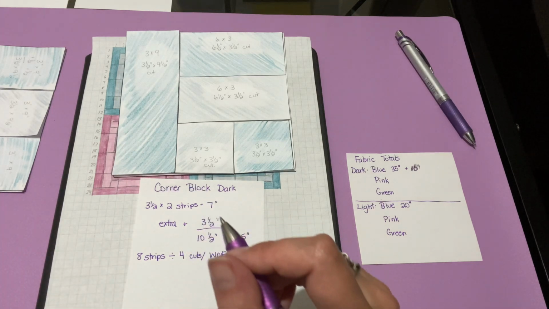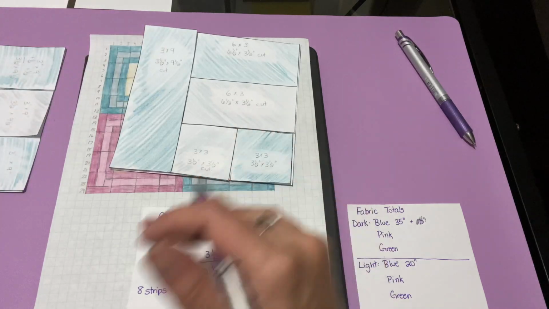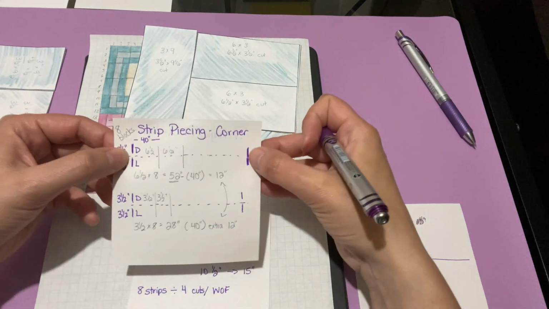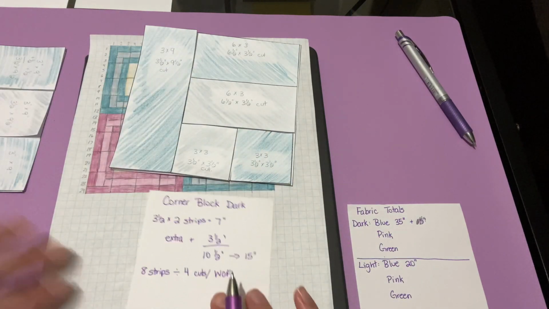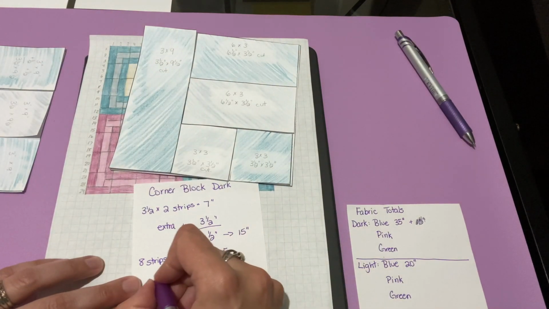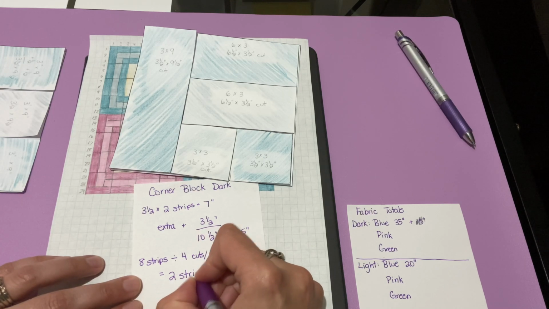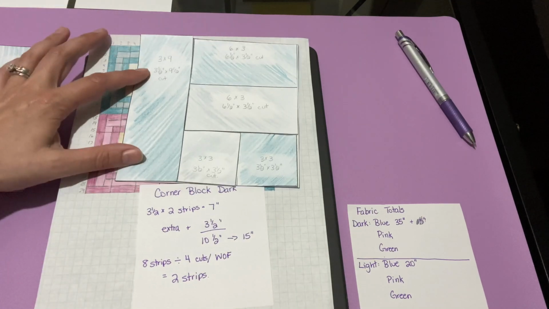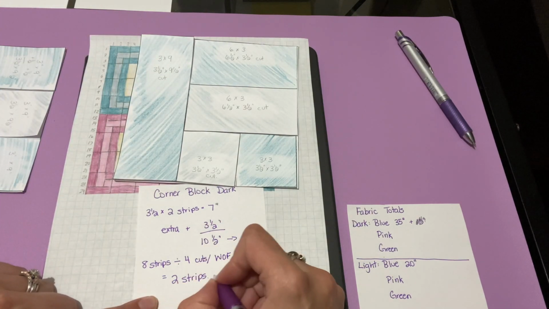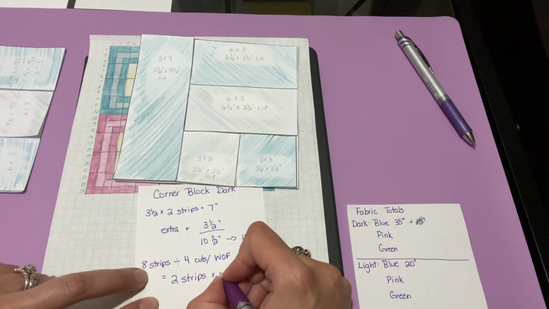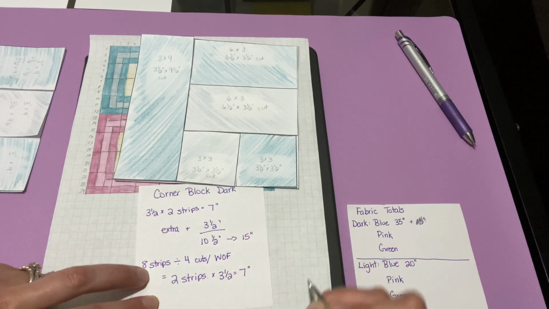And that's the fabric that is in between on your strip piecing, those selvage edges. So this is width of fabric. So you need 2 strips of dark blue to get this. And those 2 strips are going to be 3.5 inches each. So that's 7 inches altogether.